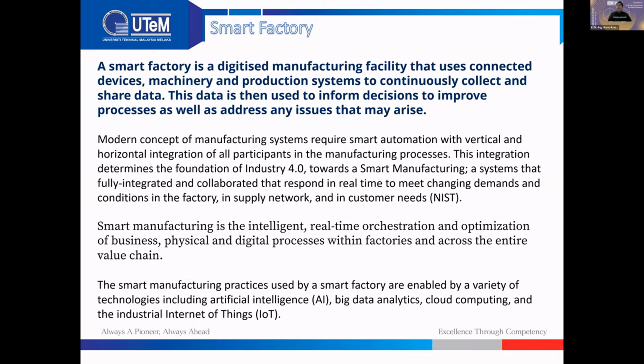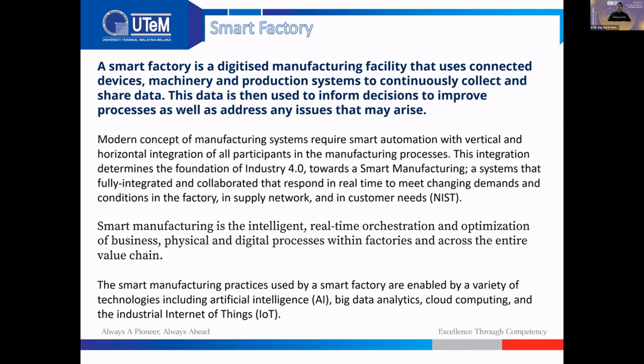A smart factory itself is a digitalized manufacturing facility that uses connected devices, machinery, and production systems to continuously collect and share data. This data is then used to inform decisions, to improve processes, as well as address any issue that may arise. So when we talk about a smart factory, we are focusing on the facility.